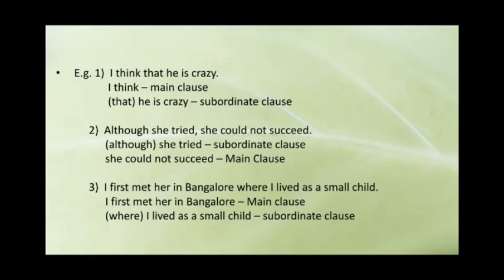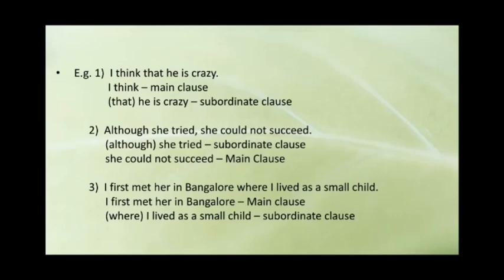Let's understand how to identify the main clause and the subordinate clause. For example, I think that he is crazy. So children, in this sentence, you can divide it by reading the sentence very carefully.